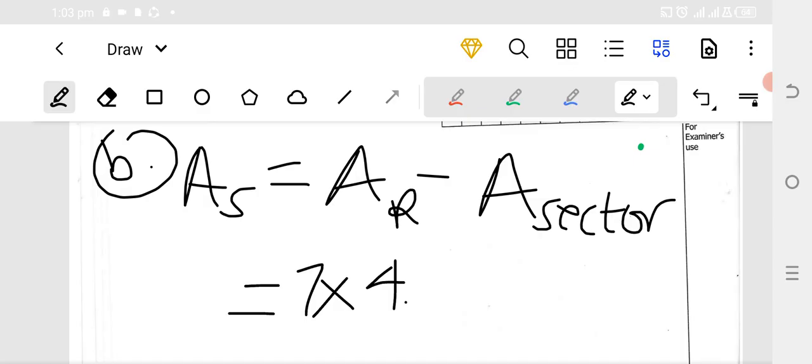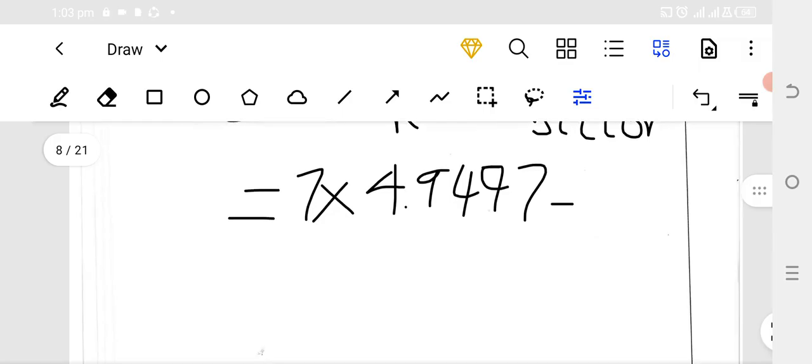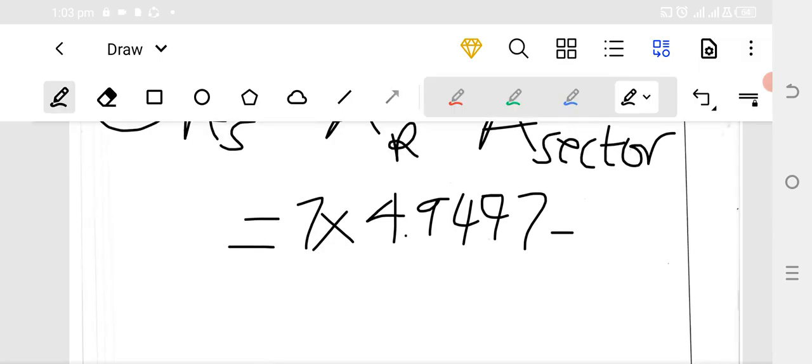We found 4.9497. So minus the area of the sector. You need to remember the formula for the area of the sector, which is half multiplied by r squared theta. So r is 7 squared, theta is pi over 4.